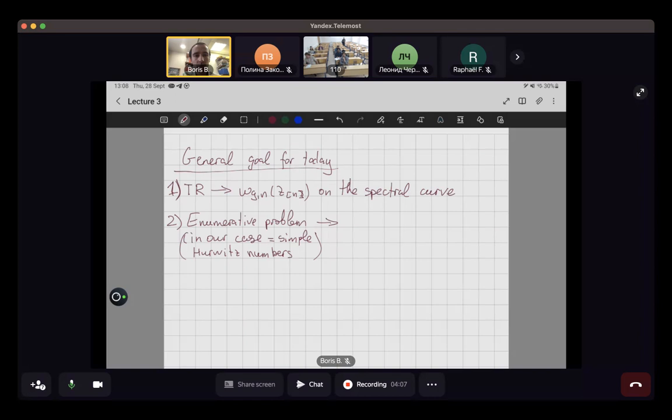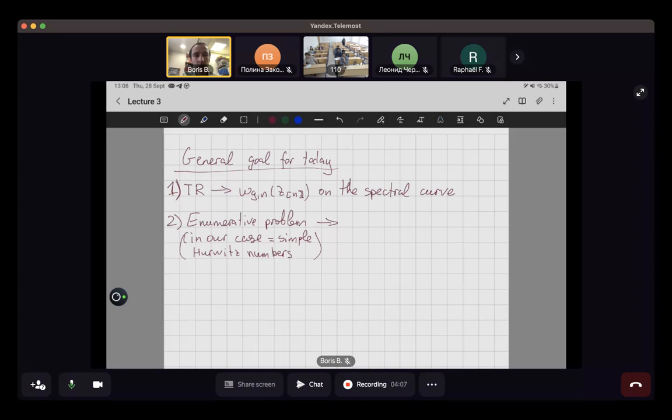So this is the generating series for simple Hurwitz numbers H_{m,mu}.